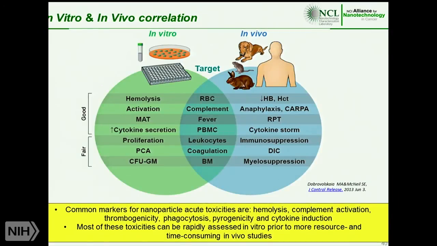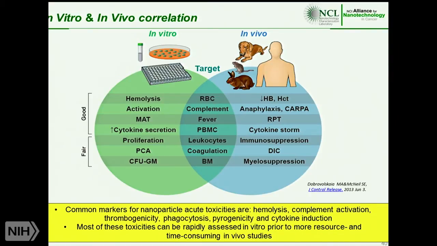Luckily, nothing like this happened in nanomedicine, but in nanomedicine, we use cytokine tests to predict some of the nanoparticle toxicity due to the cytokine storm. What I show on this slide, I try to summarize the methods that are used in preclinical nanoparticle characterization to look at the immunocompatibility of these materials.